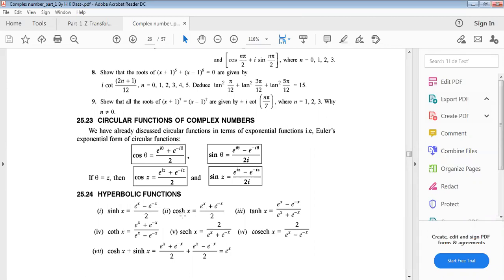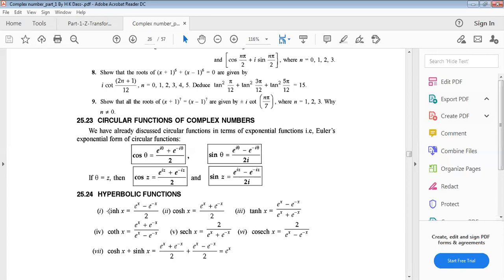Observe that both are plus, but in circular function i is present, and in hyperbolic i is absent. Remember it.